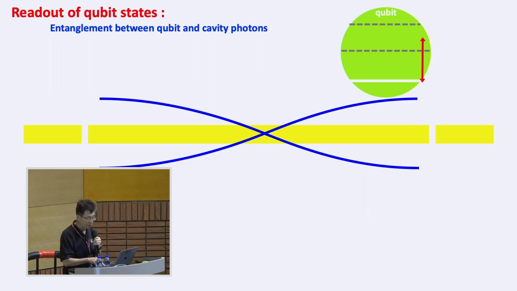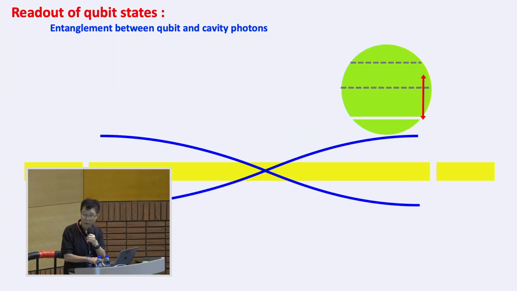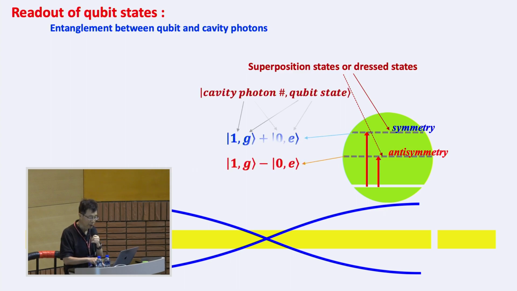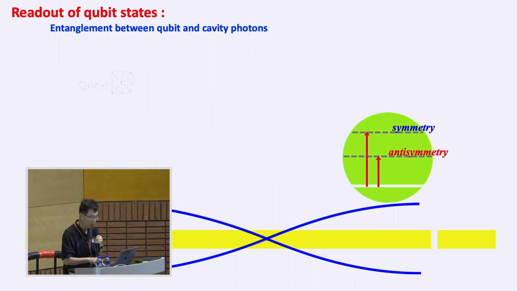Of course, here is a half wavelength resonator coupled to the qubit, and therefore that makes the qubit frequency shift. Of course, the resonator frequency also shifts, and this means there is an entanglement between the resonator photon and the qubit, and so on.